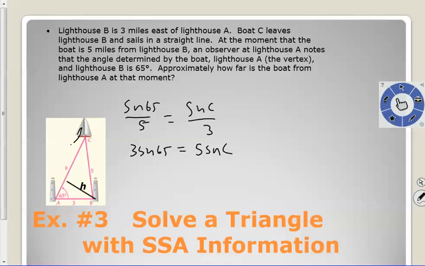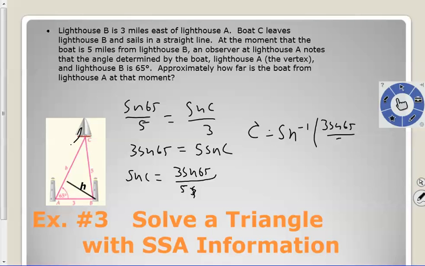We divide that, so we get sine c is equal to 3 sine 65 over 5, right? And then c is the arc sine of 3 sine 65 over 5, which comes out to be approximately 32.94 degrees.